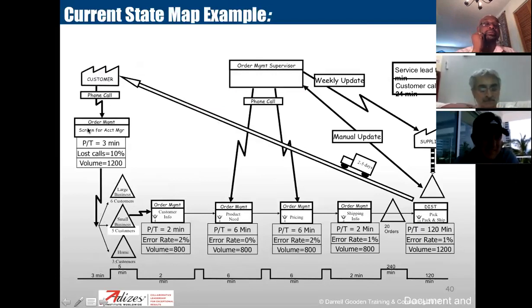It goes into order management, and thus begins some data collection. We've lost calls 10% of the time. The volume is 1,200. And what you have here in the middle would be those steps that we talked about, where Alvaro said, could we put potentially pay to claim on there? These are the process steps that are put in the middle.